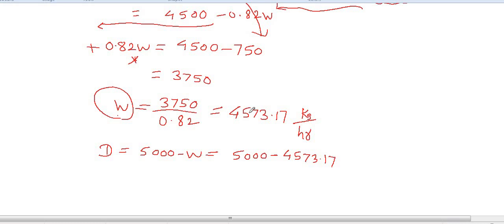Okay, it is coming 426.83 kg per hour. So we have calculated distillate 426.83 kg per hour and waste 4573.17 kg per hour. Okay, so this way we have to solve such problems in which other quantities are given and you have to find out D and W.